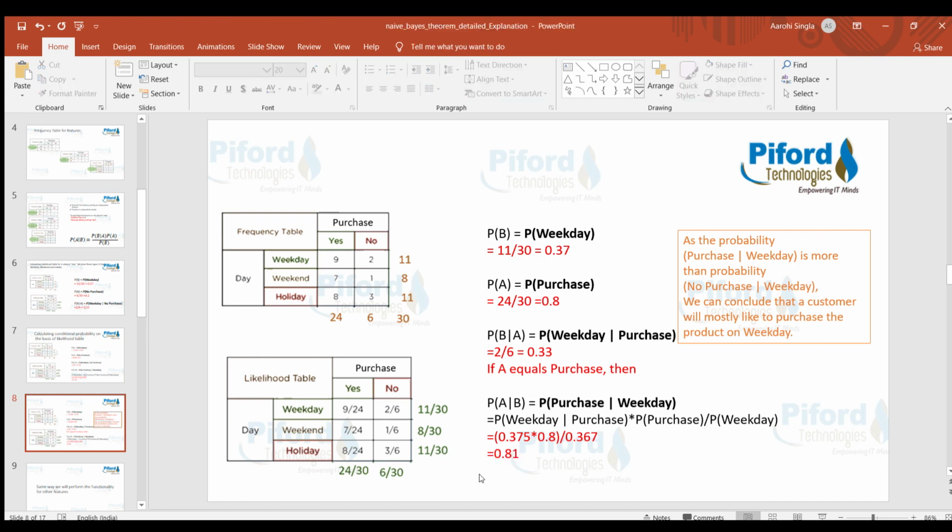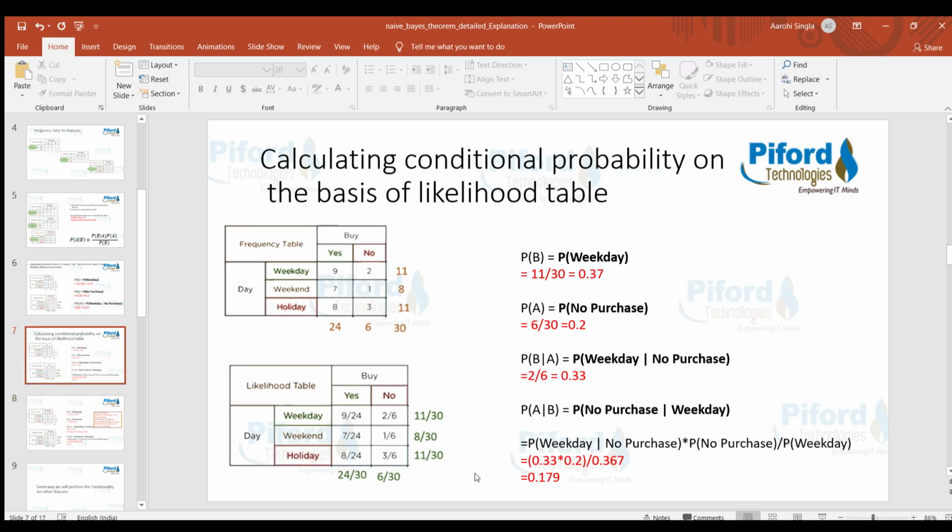So from this particular slide, we can say that the probability of purchase on weekday is more than the probability of no purchase on weekday. That means the conclusion is customers will purchase more on weekdays, because we have 81% probability for purchase on weekdays and 17% probability for no purchase on weekdays, right?